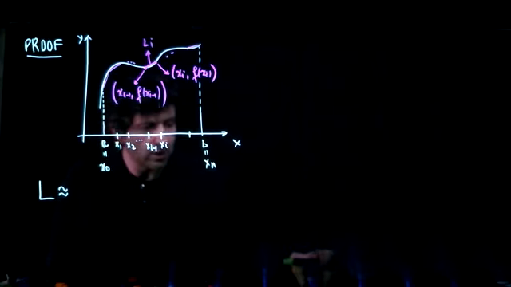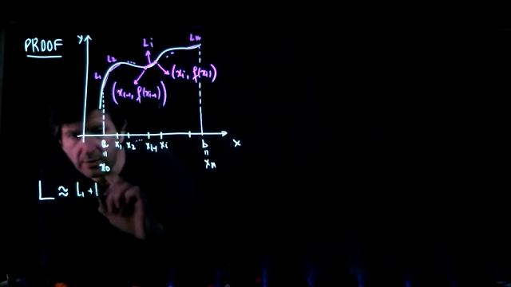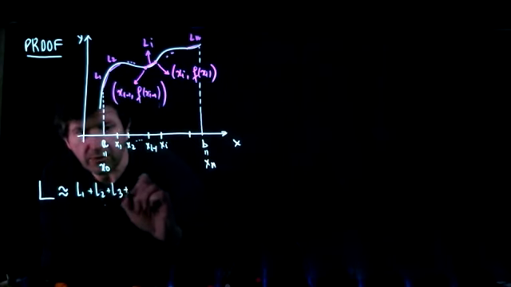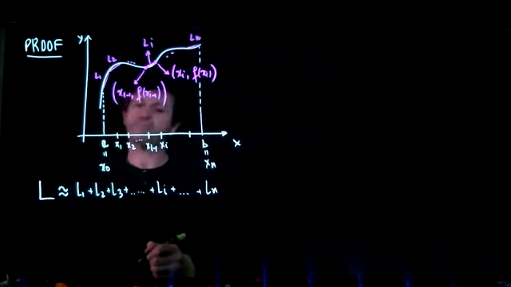Okay, so basically my length is approximately equal to all these little lengths. Let me just put them here: L1, L2, Li, this is Ln. So L1 plus L2 plus L3 plus, eventually there's an Li, plus dot, dot, all the way until Ln.